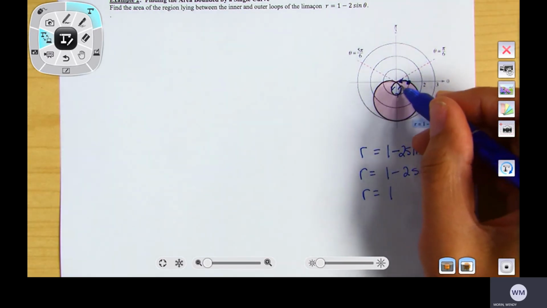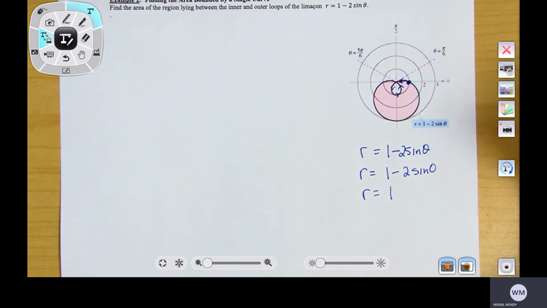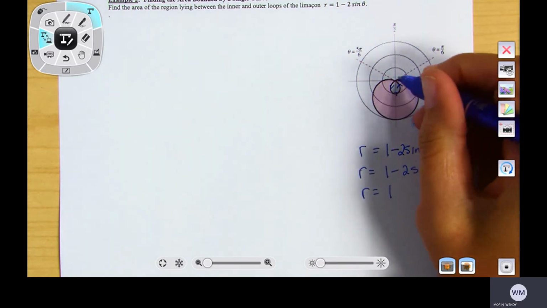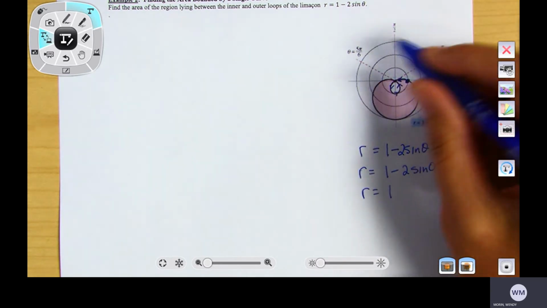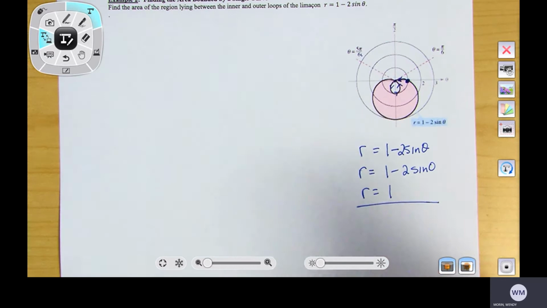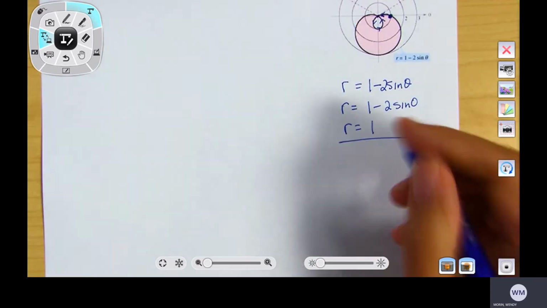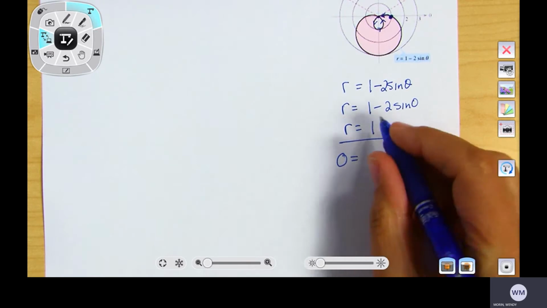It goes this way. And again, if you don't recall how polars behave, you can look at some of the review videos that I requested that you watch. We're going to get back here, back to the pole at 5 pi over 6. But again, what if they don't give that to you? Are you able to calculate that? When are you back at the pole?